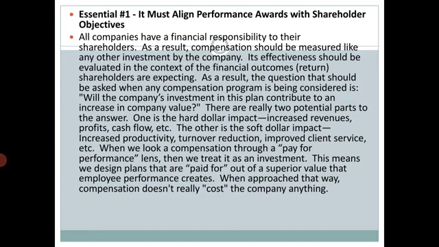As a result, compensation should be measured like any other investment by the company. Its effectiveness should be evaluated in the context of the financial outcomes shareholders are expecting. As a result, the question that should be asked when any compensation program is being considered is, will the company's investment in this plan contribute to an increase in company value?